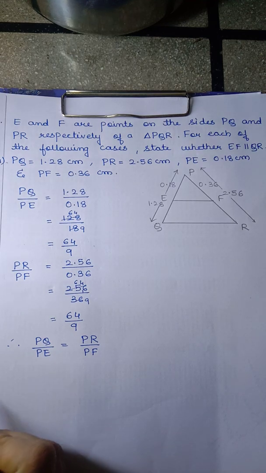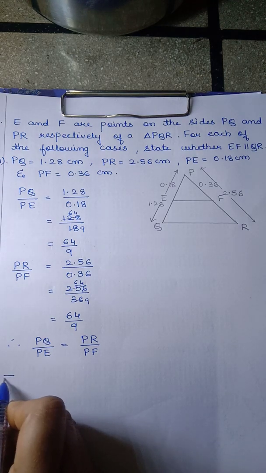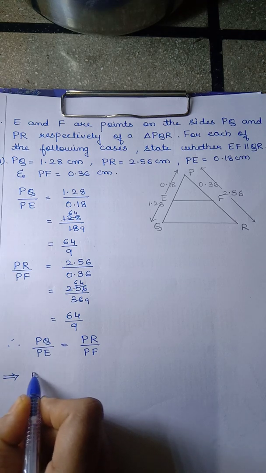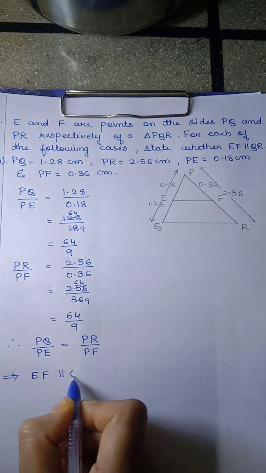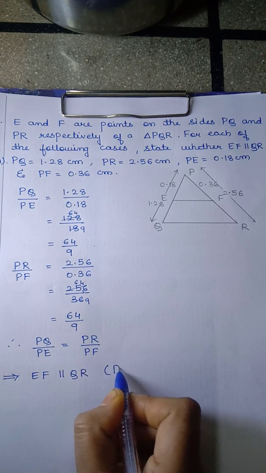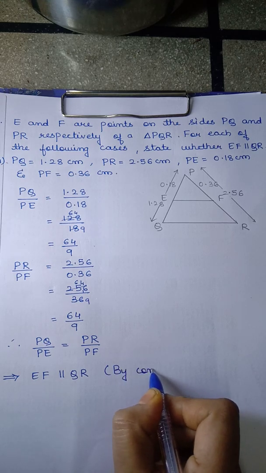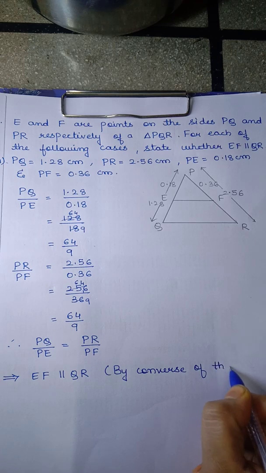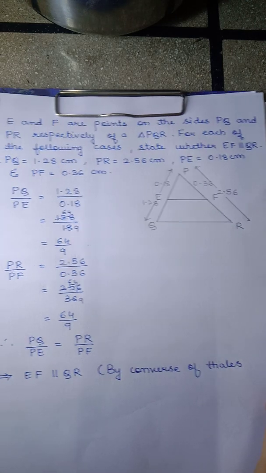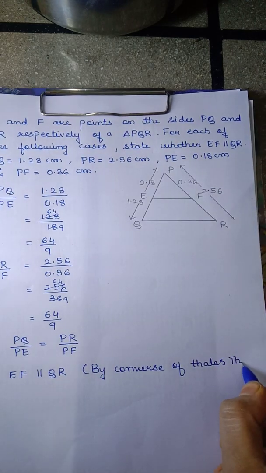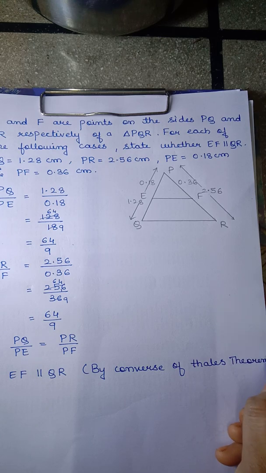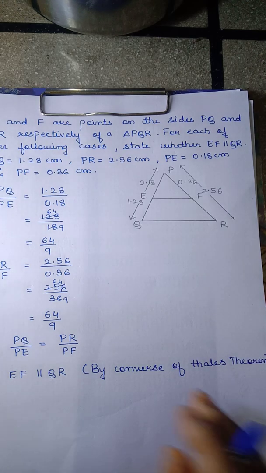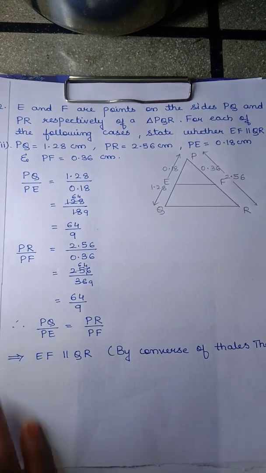So this implies EF is parallel to QR by converse of Thales theorem. Similarly you can do the first and second part of this question, children.